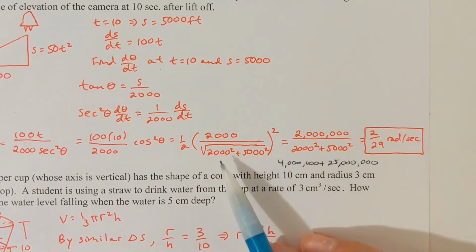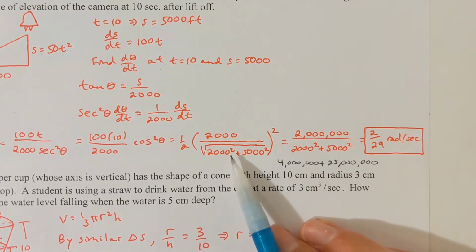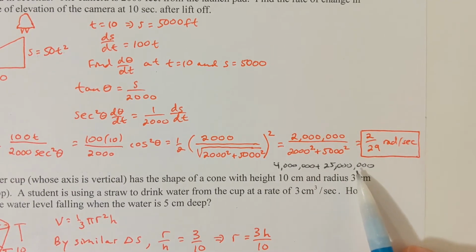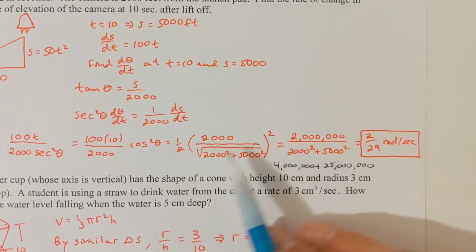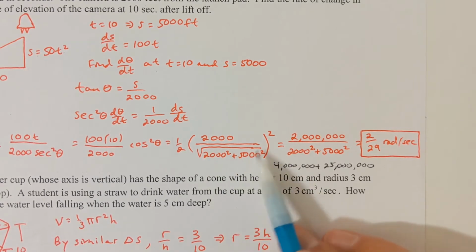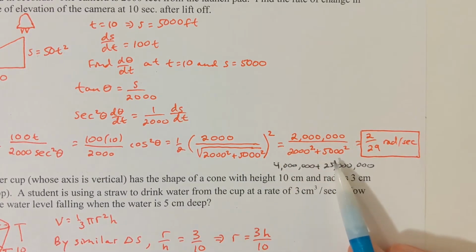Well, let's see here. So 2,000 squared would be 4 million. 5,000 squared is 25 million. 4 million plus 25 million would be 29 million. Now, the square root of 29 million squared would be 29 million.